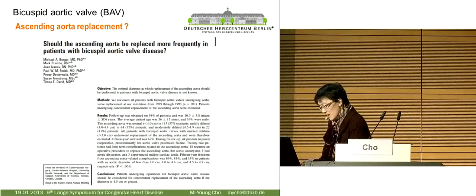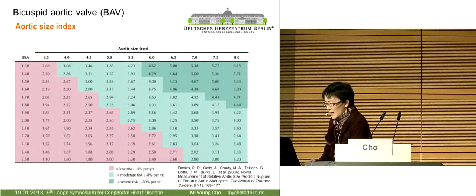He was my senior consultant when I was in Leipzig, and he showed in a retrospective follow-up study, when he was with Tirone David, that a diameter larger than 4.5 was a risk factor. And the group at Yale with Davies again calculated an aortic size index, looking at the aortic diameters and also the body surface area.